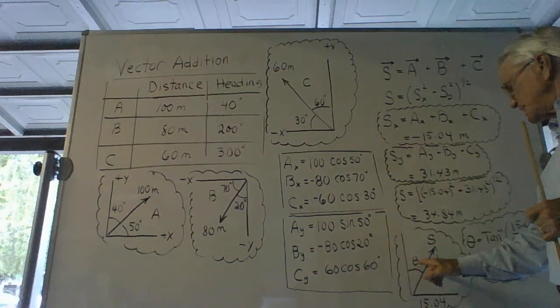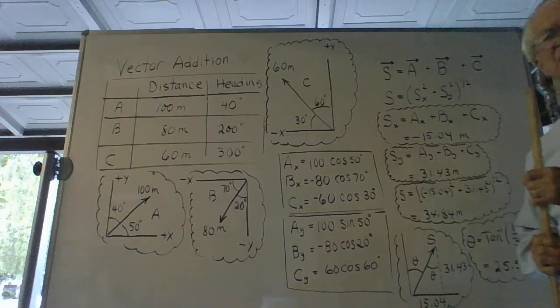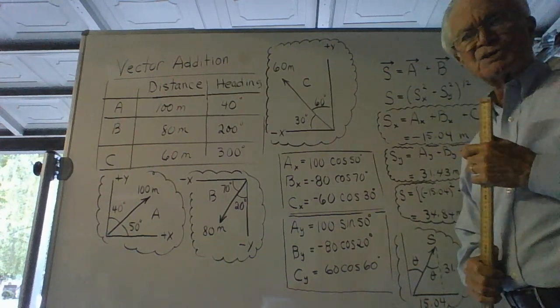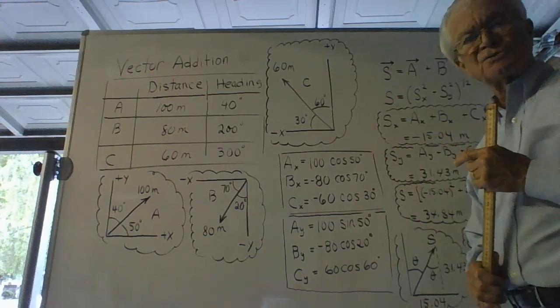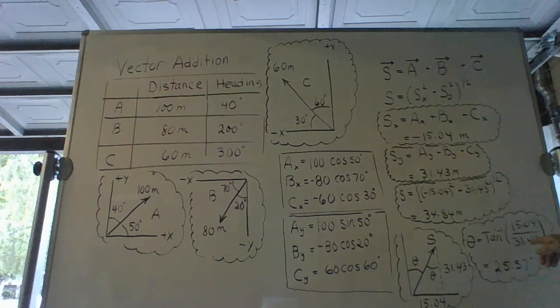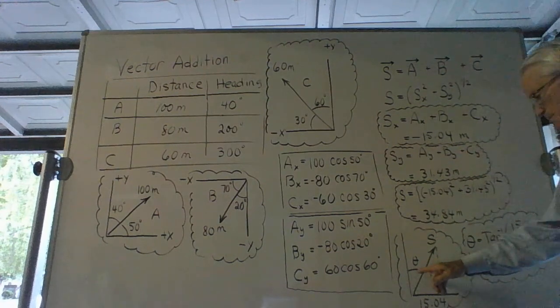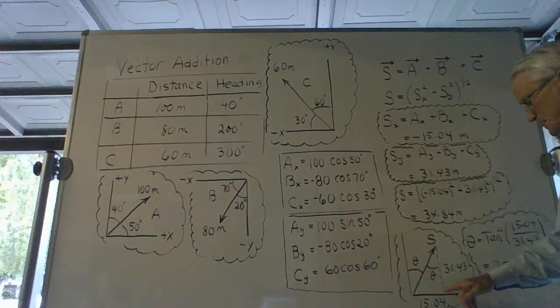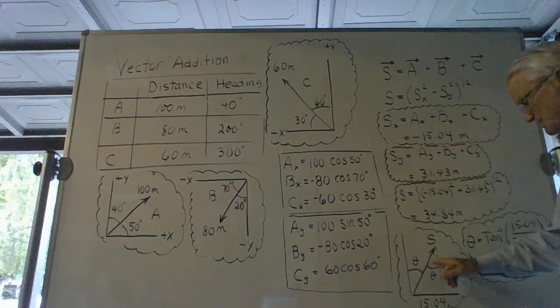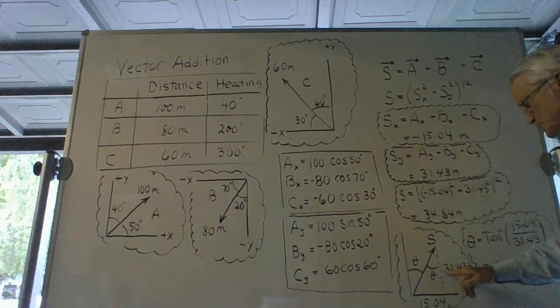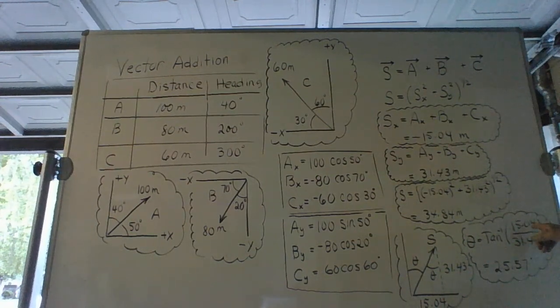And so when we can calculate theta, it'll represent the heading along which that second hiker would have to travel. And we get from this SOHCAHTOA, theta, same as that theta, is up. The tangent of that angle is opposite over adjacent, shown here. Theta is the angle whose tangent is that ratio. Final result, once and for all, the heading is 25.57 degrees.